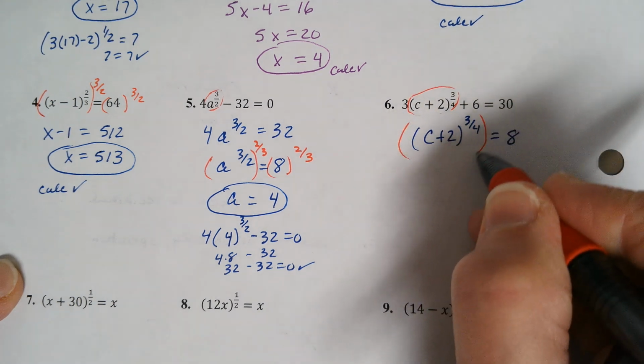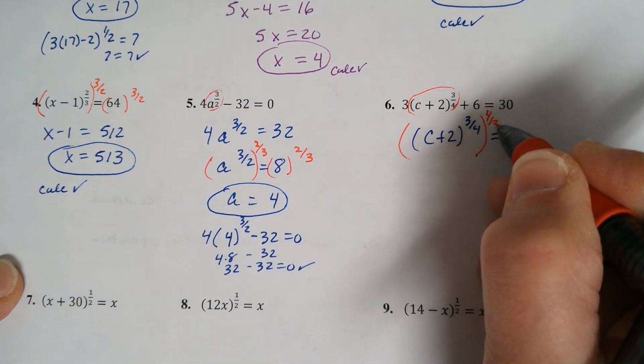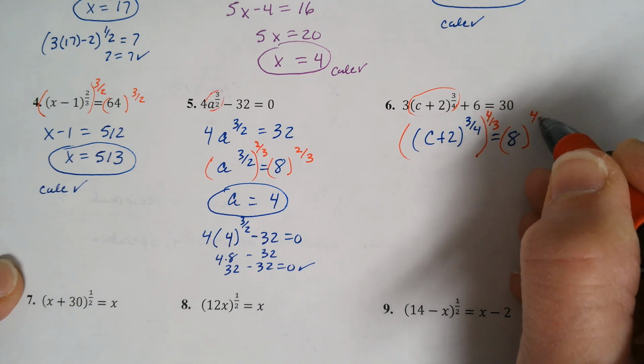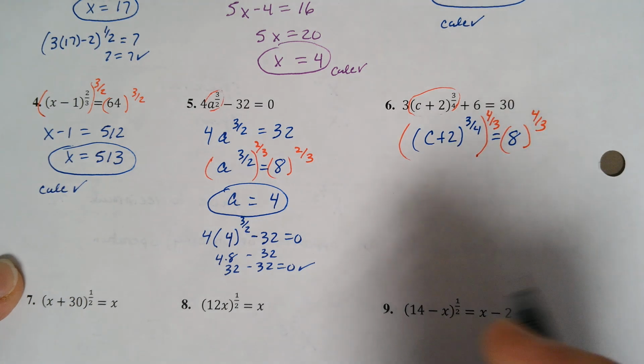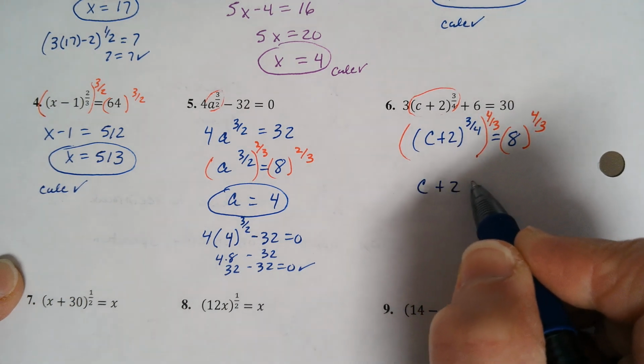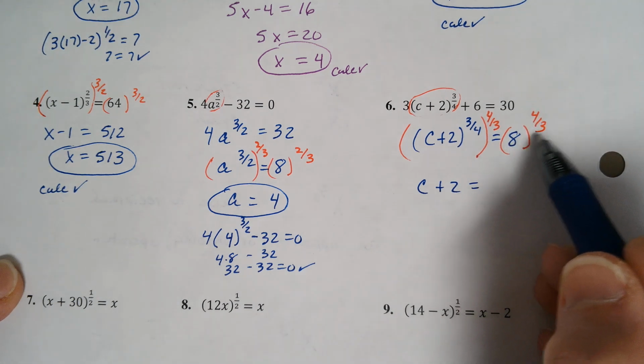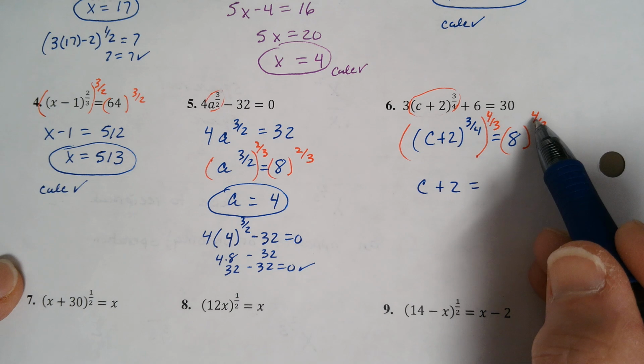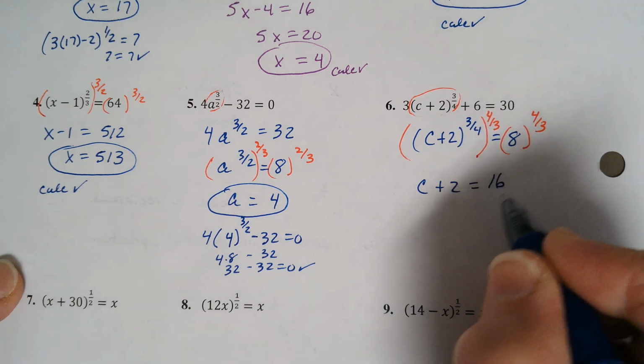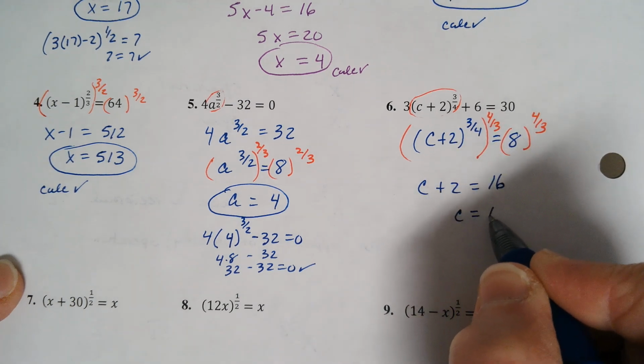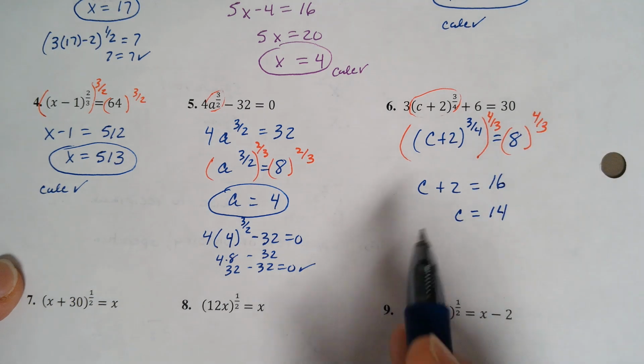Now raise both sides to the reciprocal of 3/4, 4/3. C plus 2 equals, the cube root of 8 is 2. 2 raised to the power of 4 is 16. Subtract 2 and c equals 14.